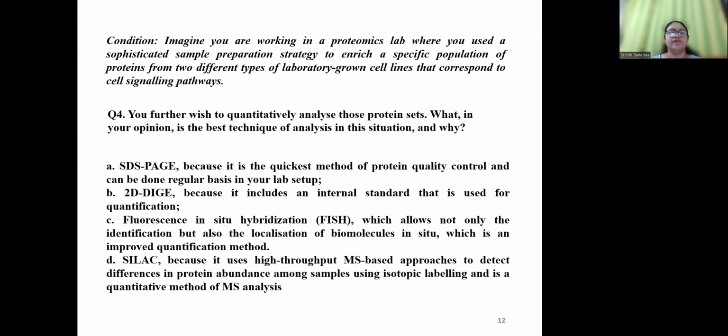So what do you think? Which out of these four techniques could be the possible method of detection?